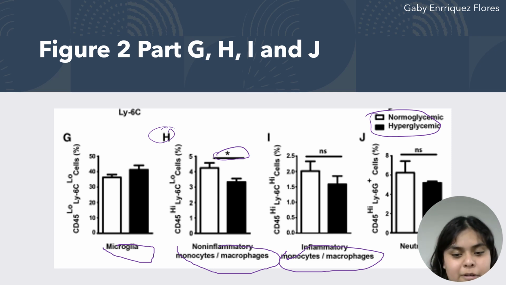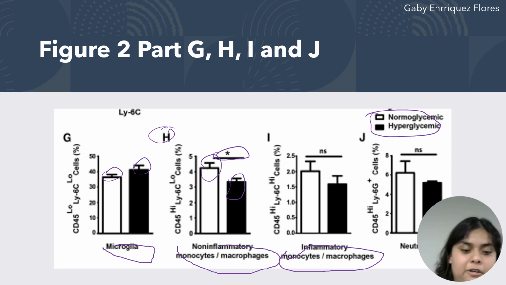So when it comes to hyperglycemic conditions, non-inflammatory monocytes and macrophages are less expressive compared to normal glycemic, and this could be the case for H through J, except for G for microglia, which could be because they're immune cells.